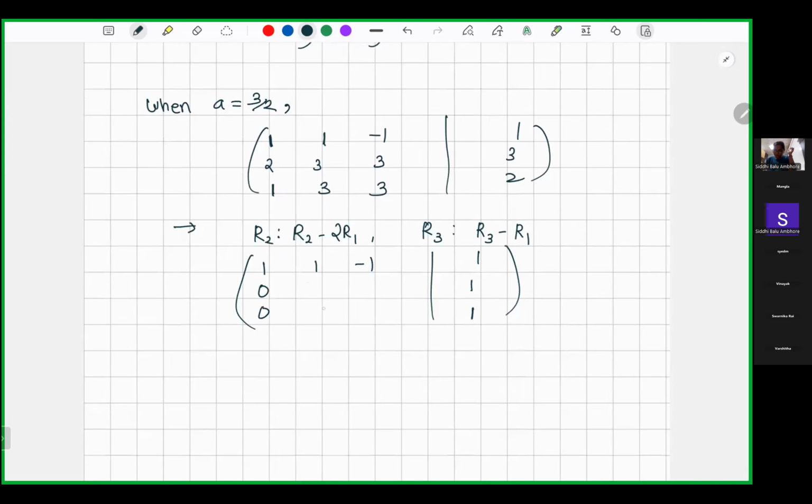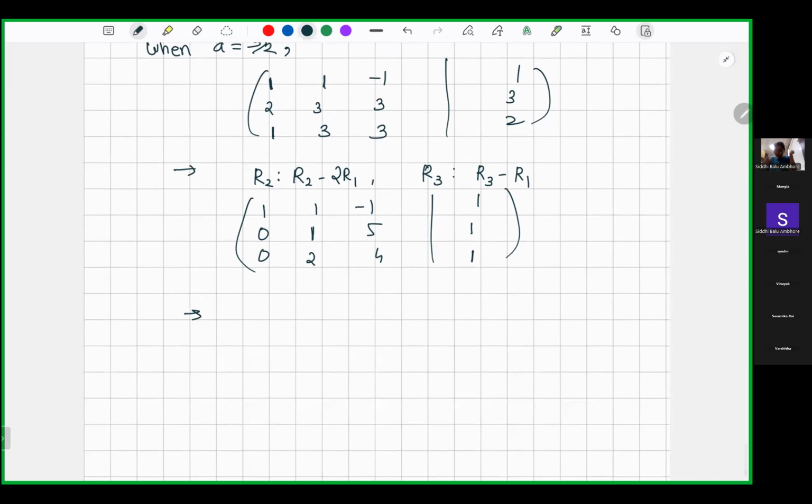That's not a problem. Now 3 minus 2 is 1. 3 plus 2, 5. 3 minus 1, 2. 3 plus 1, 4.